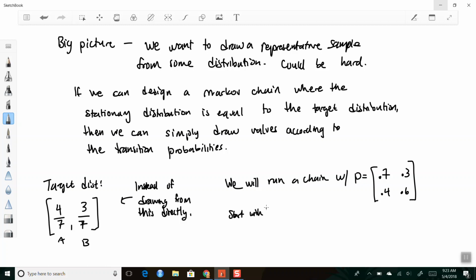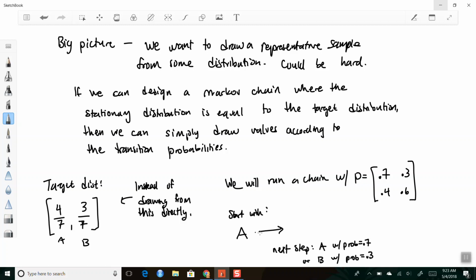meaning you just start with some letter A, and then the next step will be either A with probability 0.7 or B with probability 0.3, something like this, right?